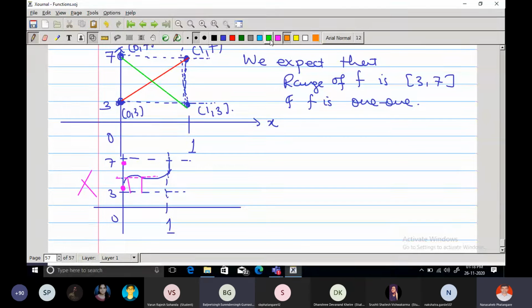Sorry, sir. Which points will not have a pre-image? Can you please show again? In the second figure, if you look at this, see the second figure. Can you see the second figure? Yes, sir. For example, if you look at this yellow dot, can you see the yellow dot?